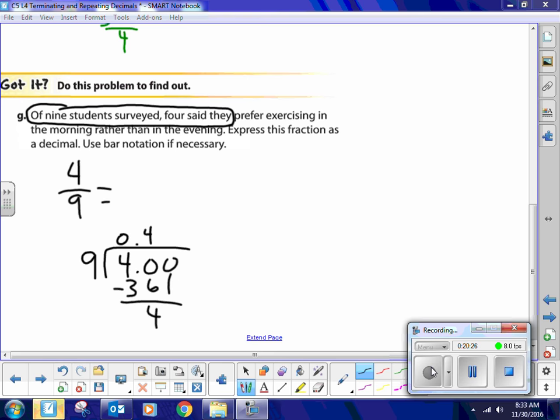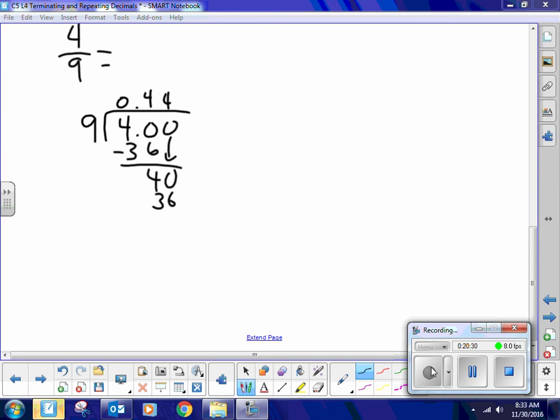I'll do another one. There we go. We can see that it's going to repeat again. So this is equal to... I'll write it up here. We'll even write the 0. So that should not be too hard for you.